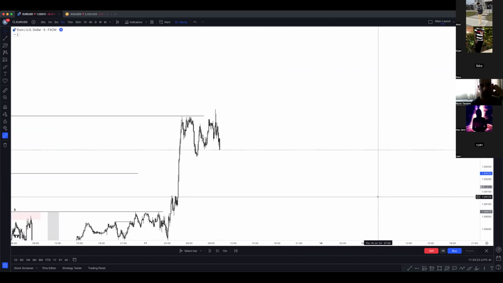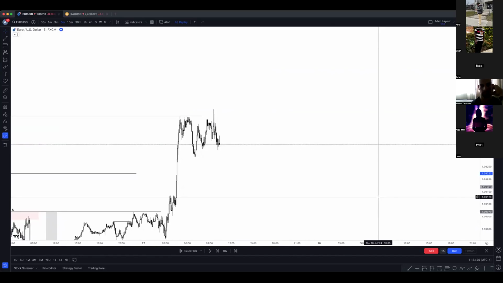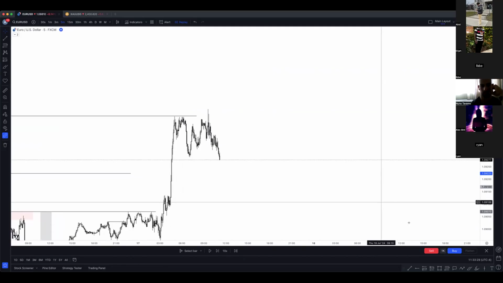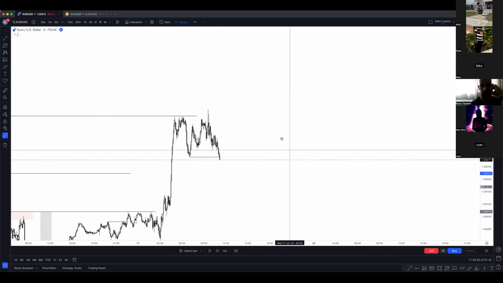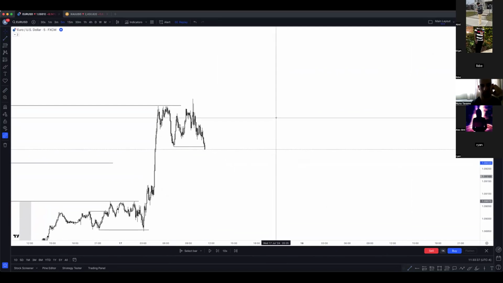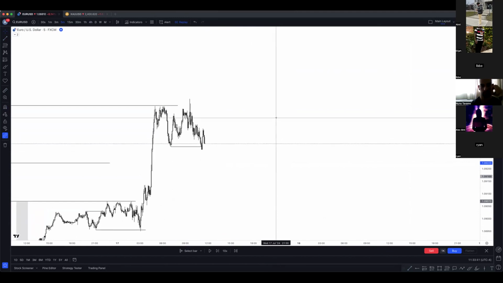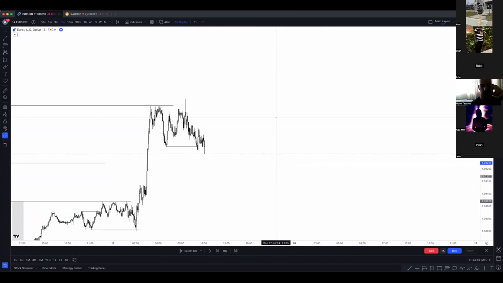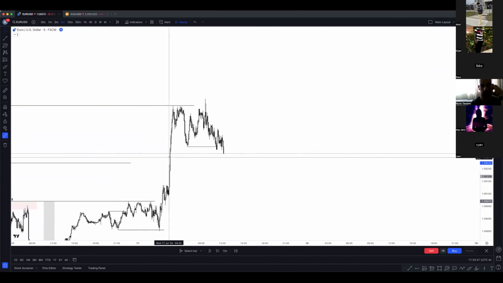So market moves lower, takes out the lows, and then coming to this imbalance right here.